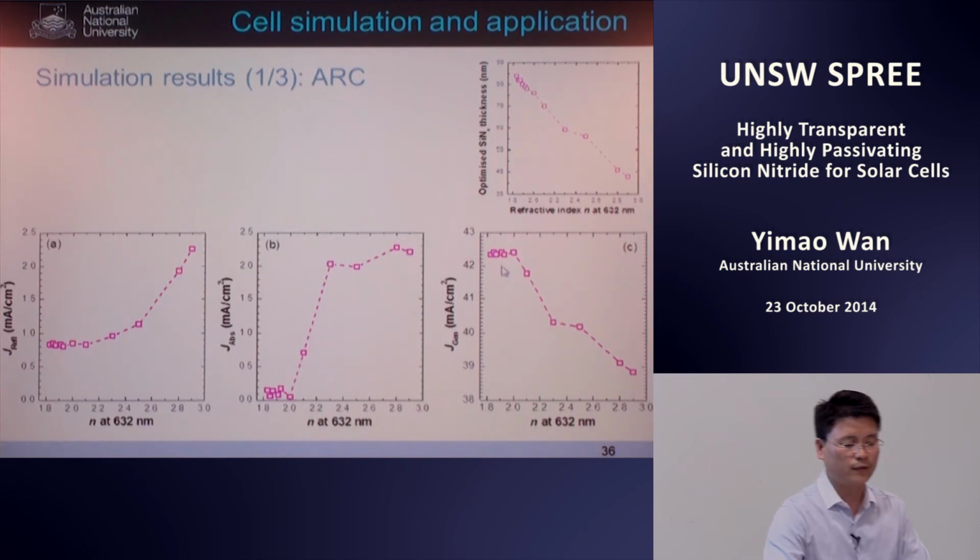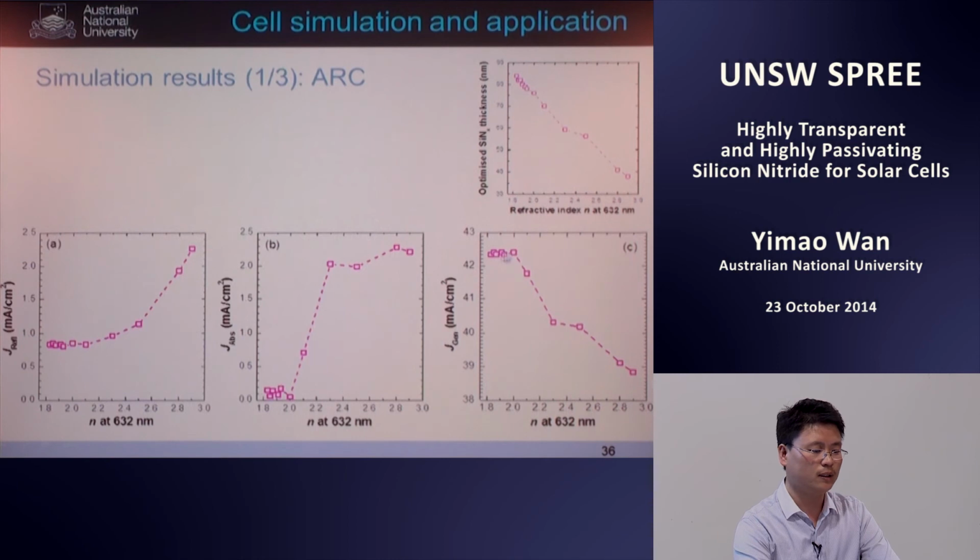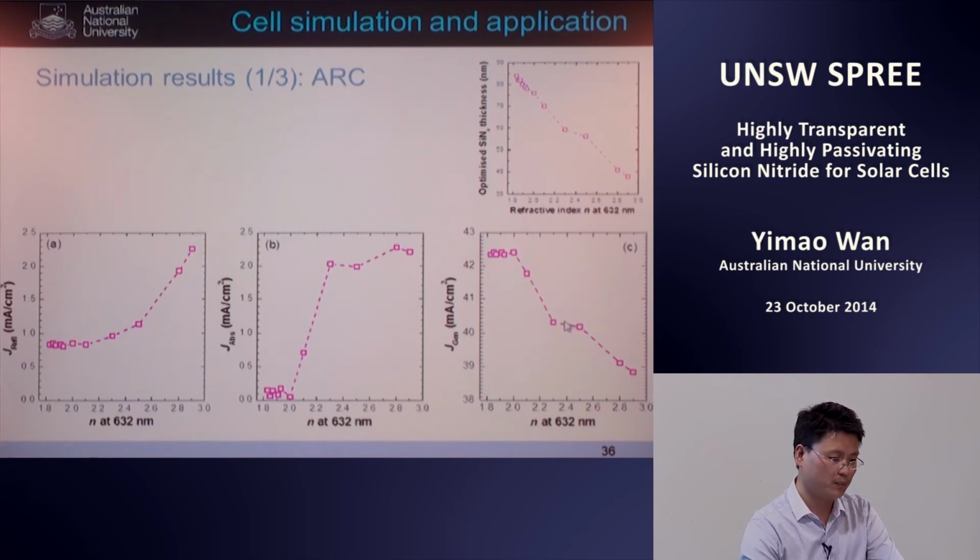And the final generation current stays quite constant up to 2.0 and decreases significantly, partially due to the high reflection as well as high recombination.